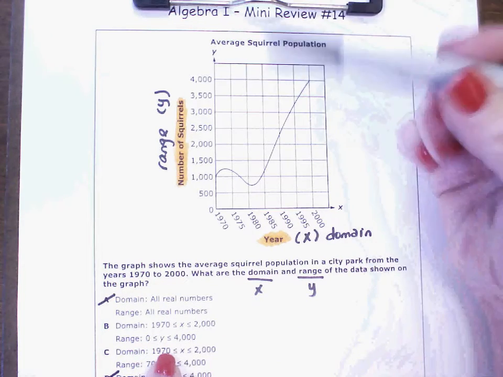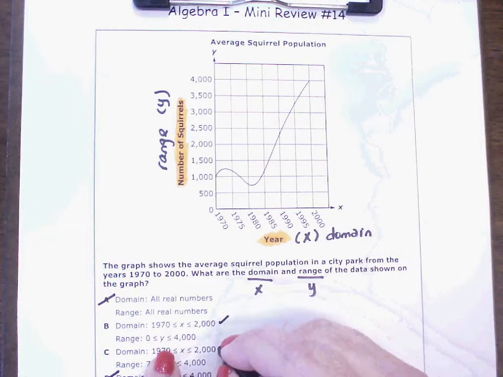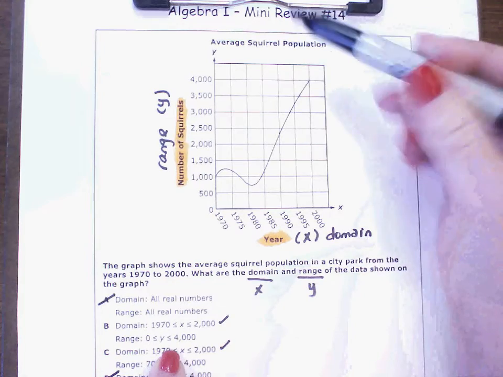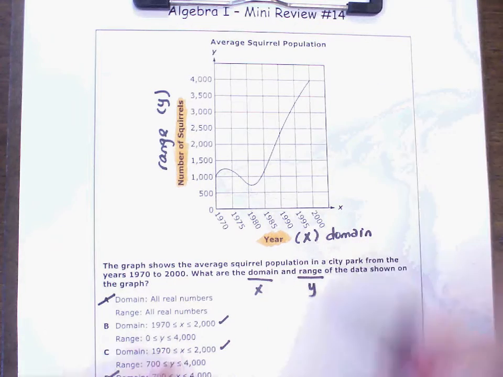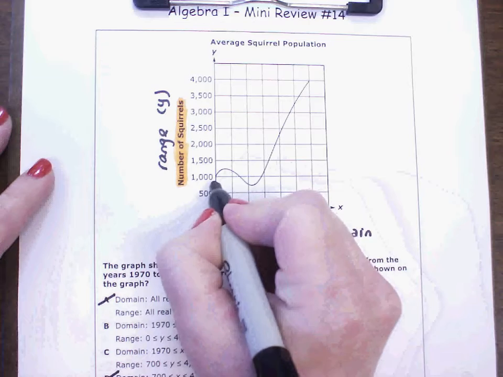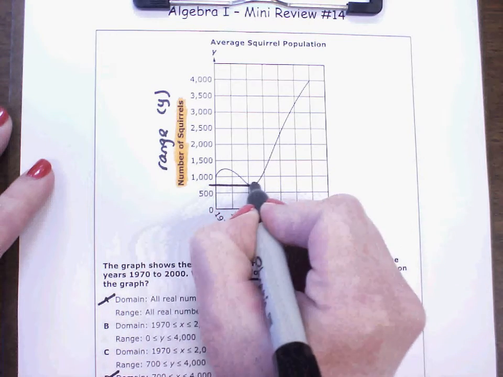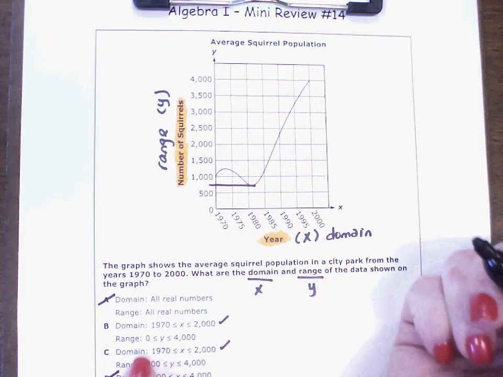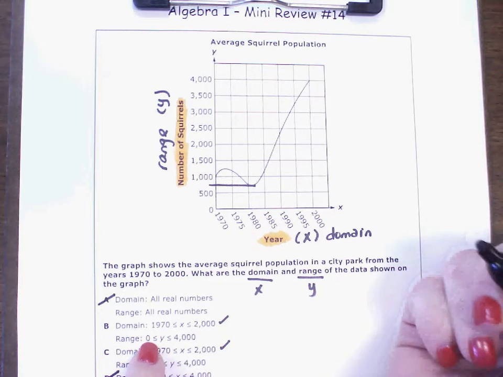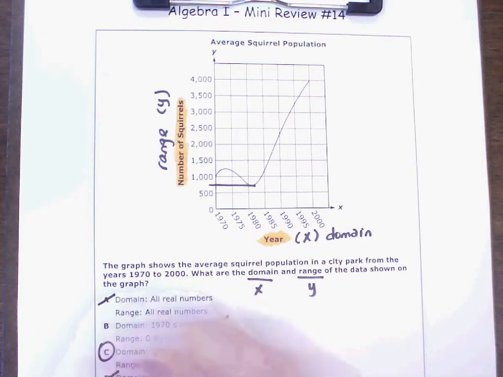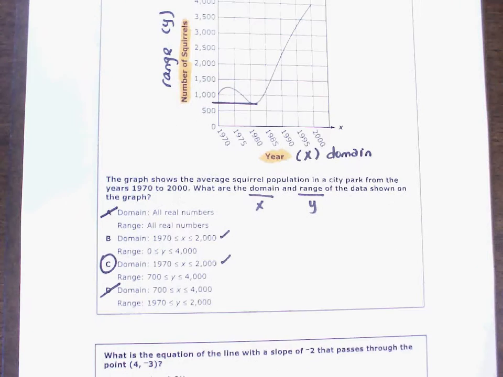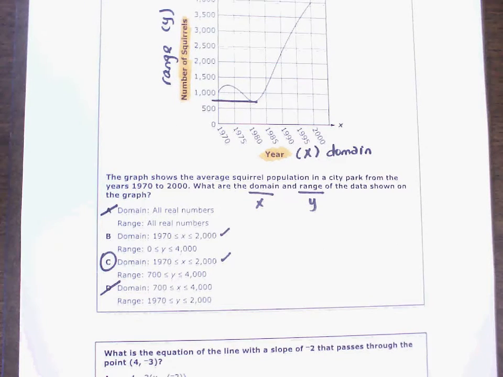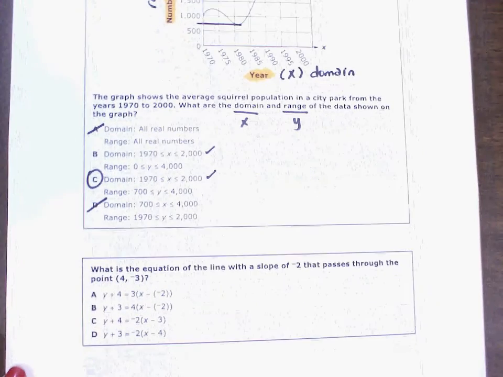So those two are correct. Let's see who has the correct range. So the range will start right there. The range doesn't start at 0. Most definitely not. So the correct answer would be, uh-oh, you couldn't see that. I'm sorry. The correct answer was C.